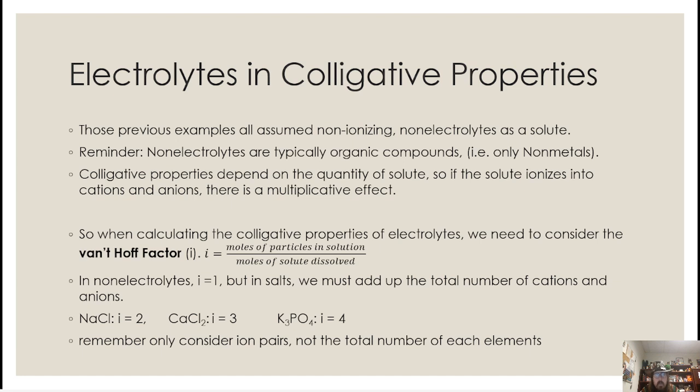So most non-electrolytes are organic compounds, such as non-metal hydrocarbons. But colligative properties depend on the quantity of the solute. So if something were to ionize into cation and anion, there would be a multiplicative effect, one where you increase by the amount of ions produced.